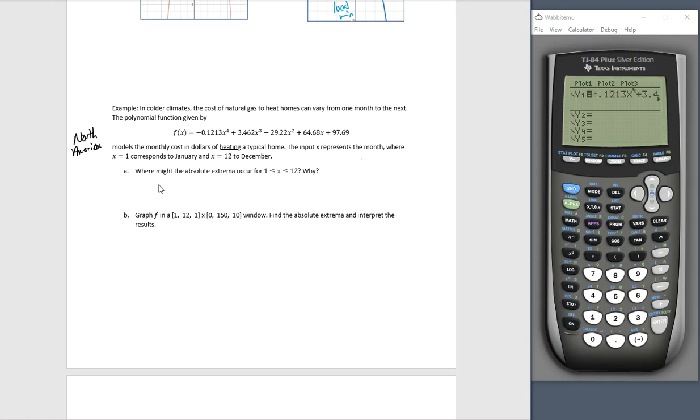When I'm heating a home, it seems like the highest cost, so an absolute max, maybe in December or January. But the absolute lowest we have to pay to heat our house is probably maybe July.